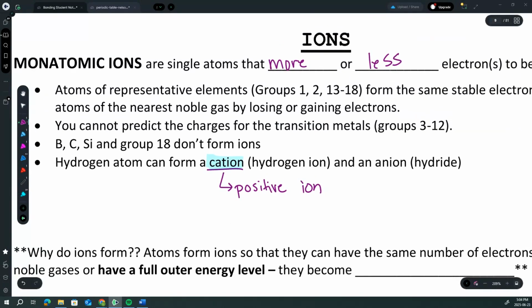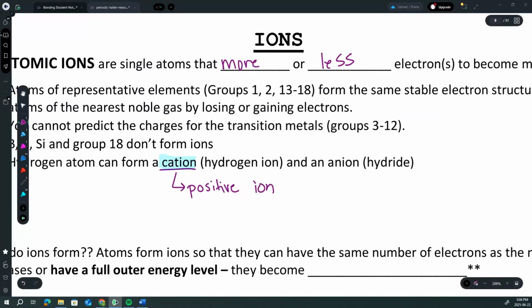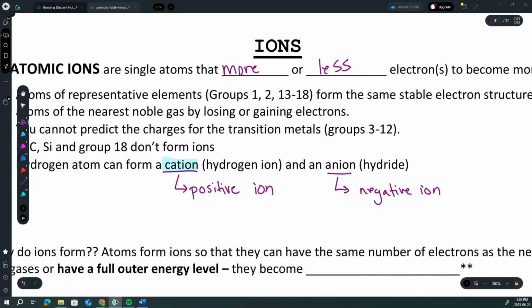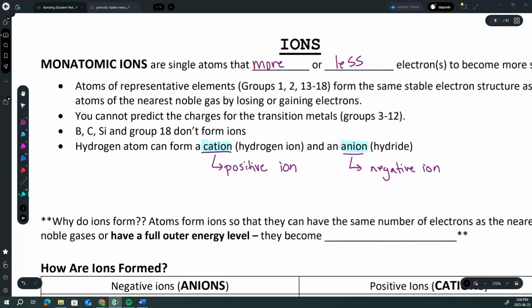When a hydrogen atom forms a cation, we would call it a hydrogen ion, and if it forms an anion, which is a negative ion, we would call it a hydride. So this point is just saying that hydrogen atoms can either form positive ions or negative ions.